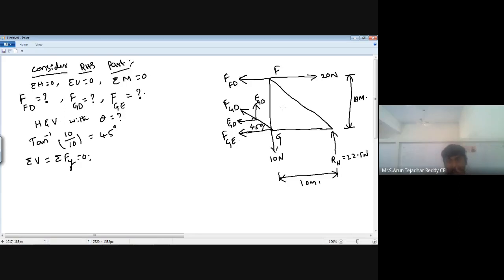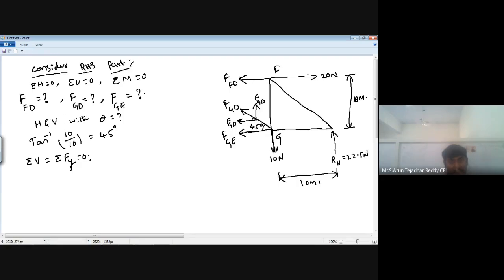In this RHS part, is there any vertical force acting? Yes. 10 Newton vertical force, RH vertical, and FGD vertical with angle. And check the directions.